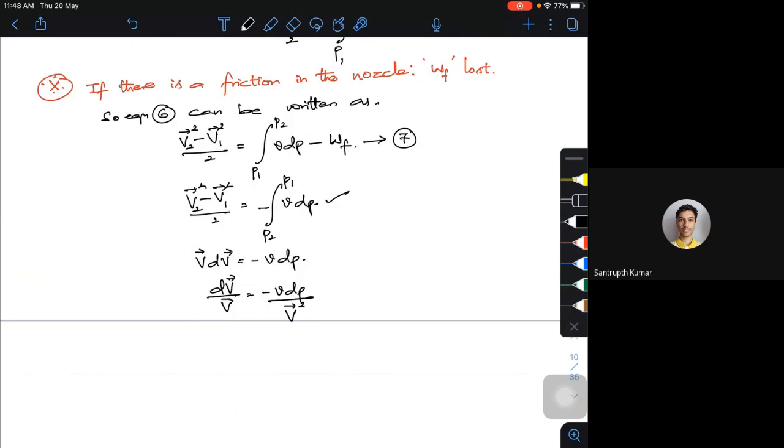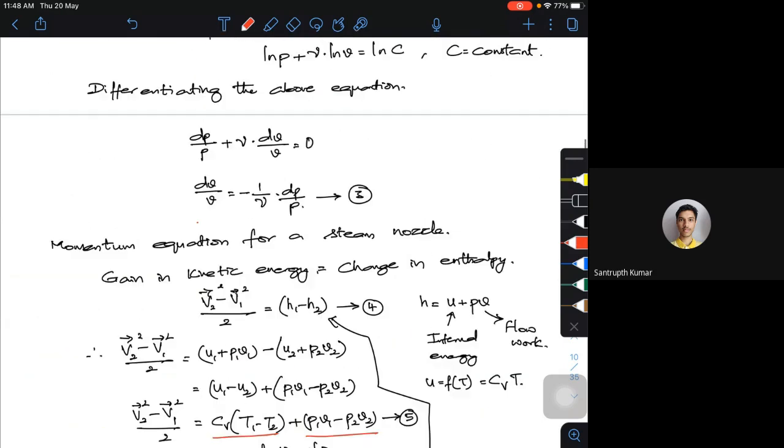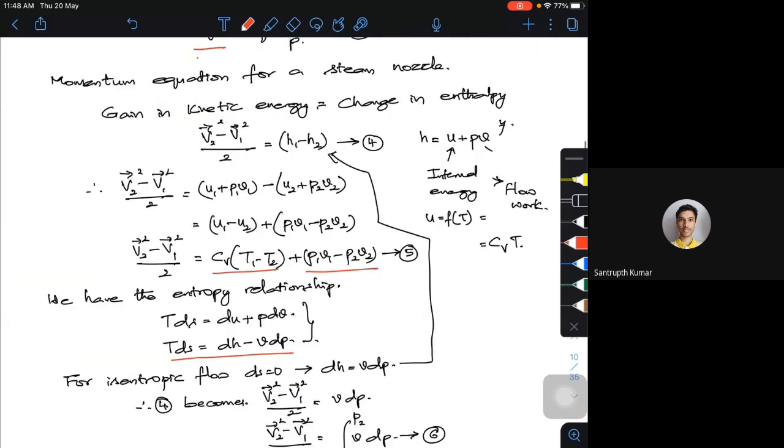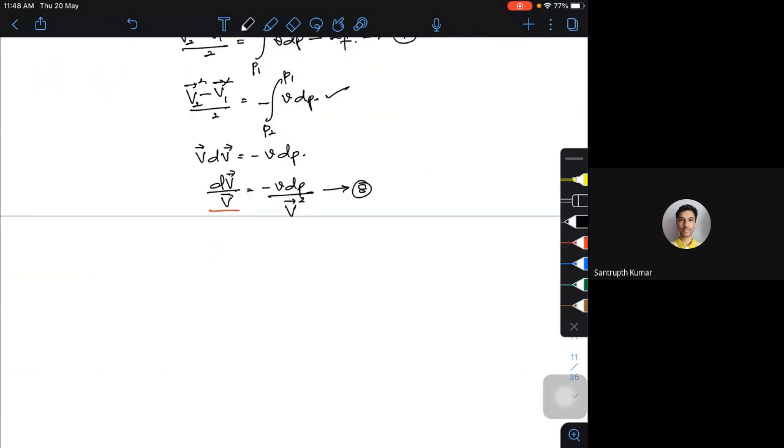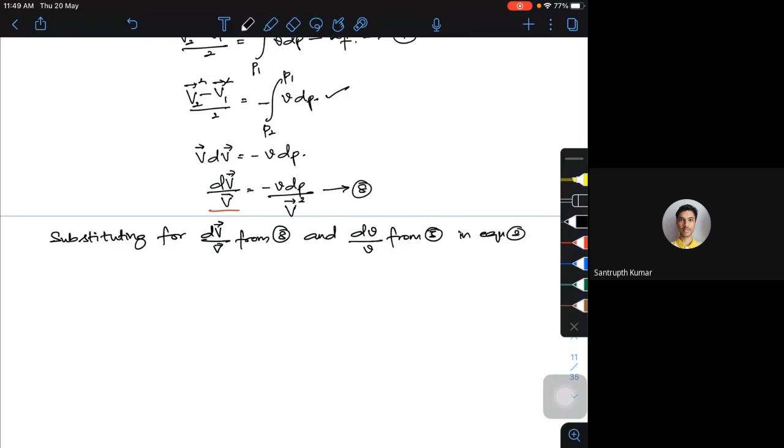This equation I can call equation number 8. Now substitute for dV by V, that is the change in velocity, from equation 8, and dV by V from equation 3, in your original equation 2.